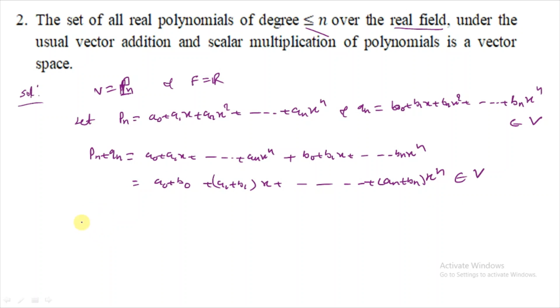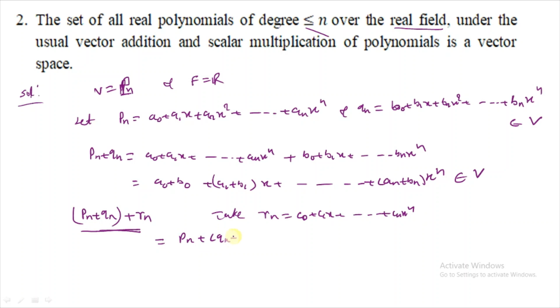Now check the associative property. Take pn plus qn, and take another polynomial rn equal to c0 plus c1x and so on, cn x power n. Now verify the associative property; this one is the same as pn plus rn. Now the identity: take the zero polynomial, which is 0 plus 0 dot x plus 0 dot x square and so on, 0 dot x power n.